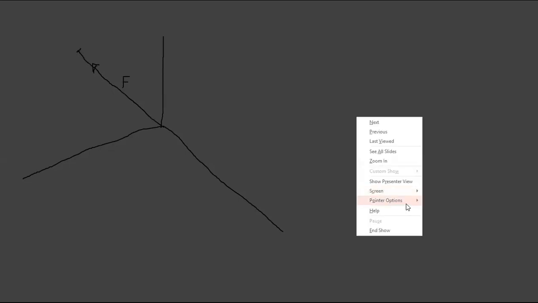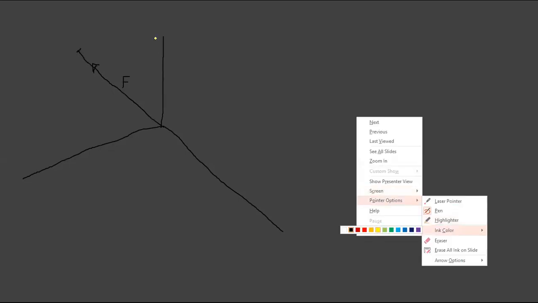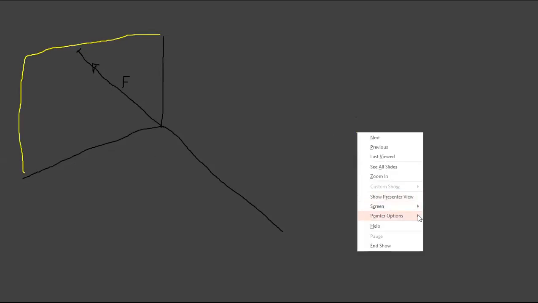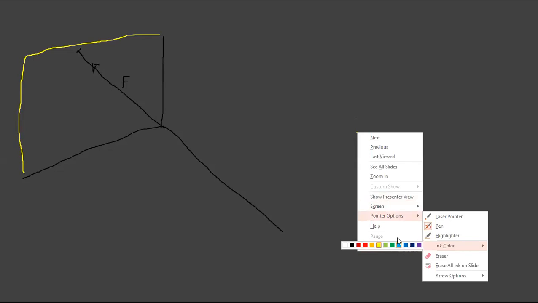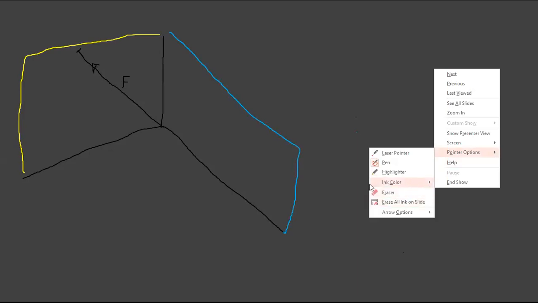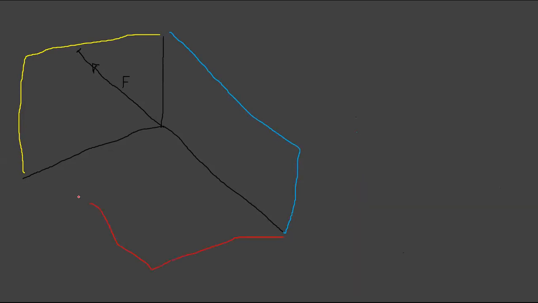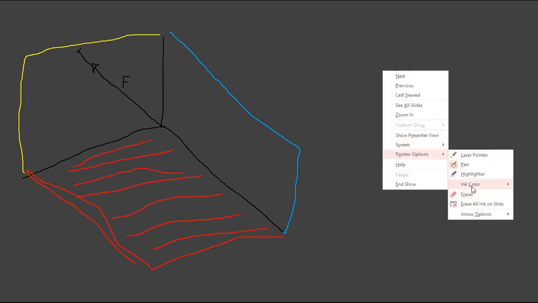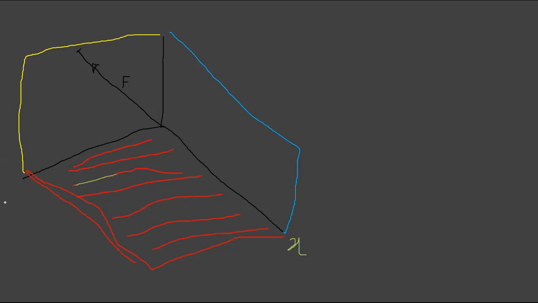This F vector is not on any of these planes, or it's in between the three planes, okay? So let's say this is x, y, and z.